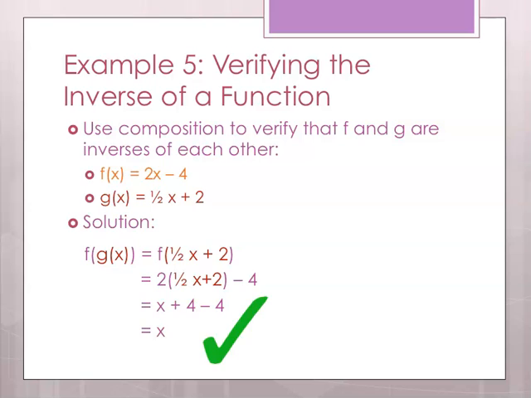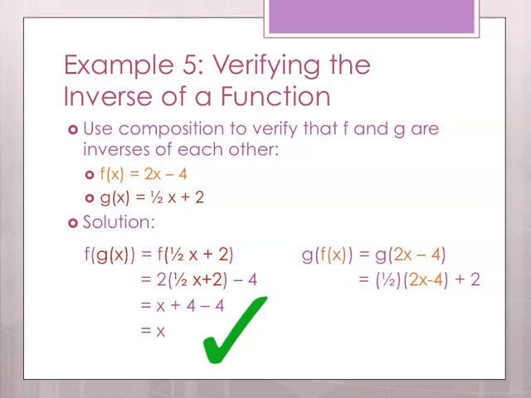Now, because this problem asks you to verify, that's an indication that you know it should equal x, and it's just a matter of showing the work to get there. Now let's do it the other way, g composed with f of x. This time we're plugging in f of x, which is 2x minus 4, into our function g of x. So we have 1/2 times 2x minus 4 plus 2.